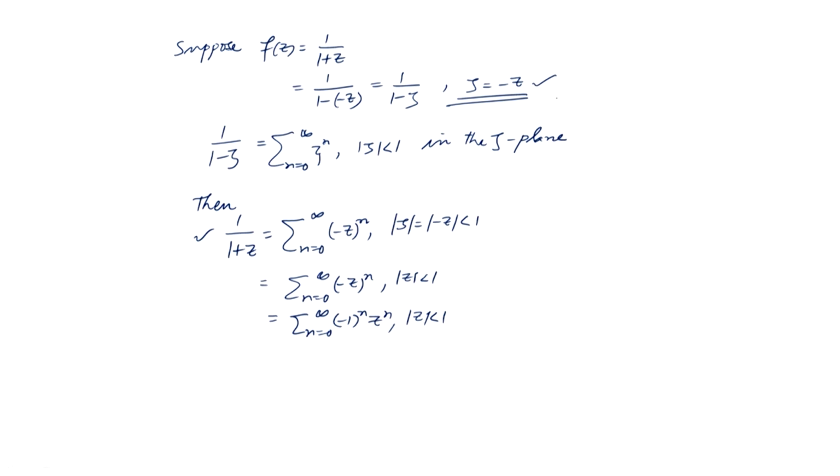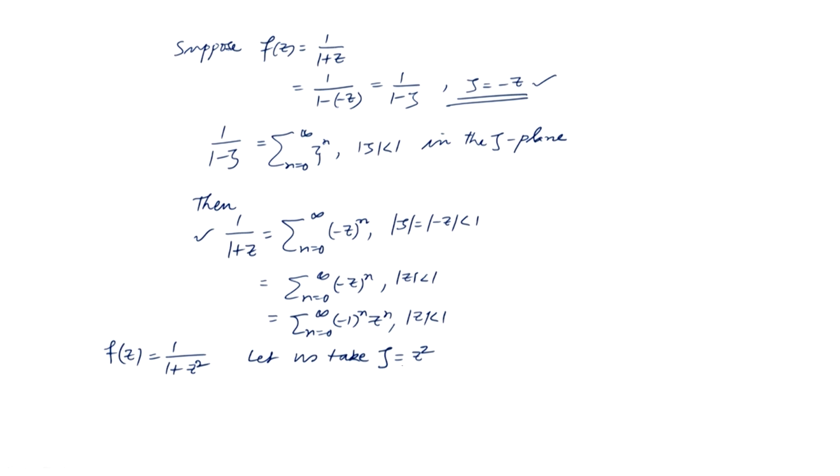Now, if you take one more function, say f(z) equal to 1 over 1 plus z square, then here also let us take zeta to be equal to z square.